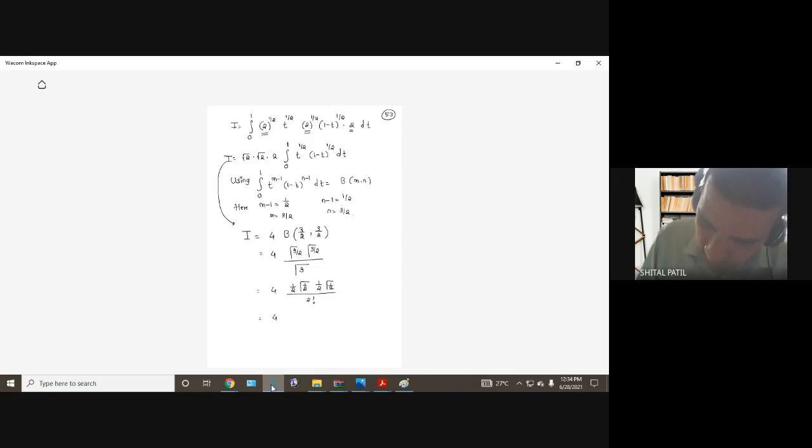So 4 into 1 upon 2 into 1 upon 2 is 1 upon 4. Gamma half is root pi, another gamma half is root pi, and 2 factorial is 2. The 4 will cancel. Root pi into root pi is pi. So pi by 2 is the required answer.